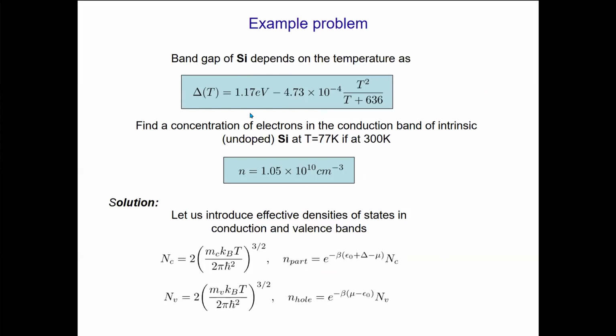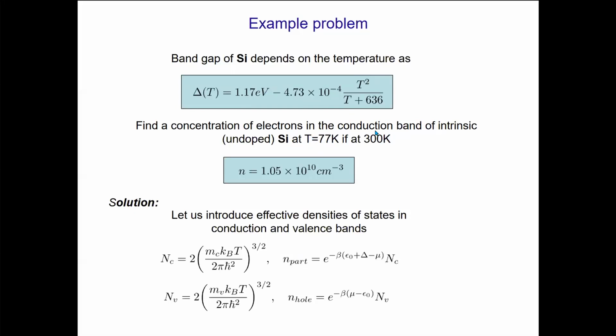Here's the size of the gap in silicon, an experimental result, and its dependence on temperature. It's approximately 1 electron volt at T equal to 0, and there are corrections of a very small order of magnitude, you see 10 to minus 4, and temperature is measured in kelvins. Find the concentration of electrons in the conduction band of undoped silicon at 77 kelvins.